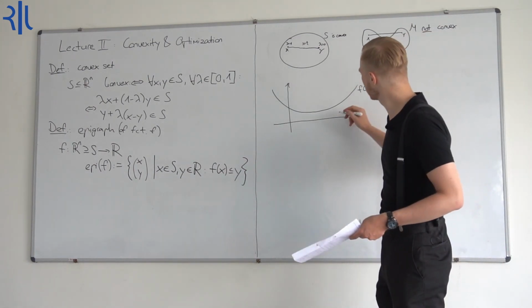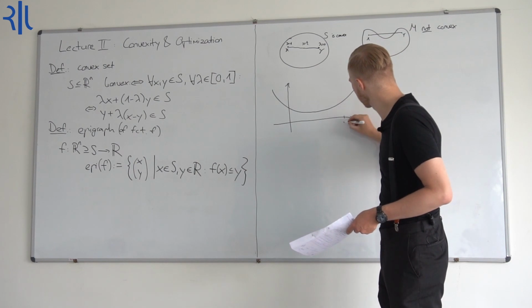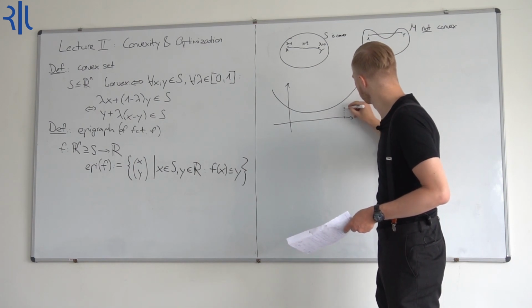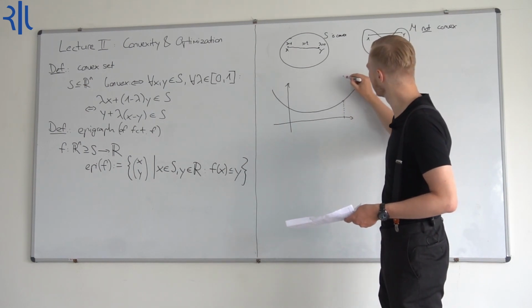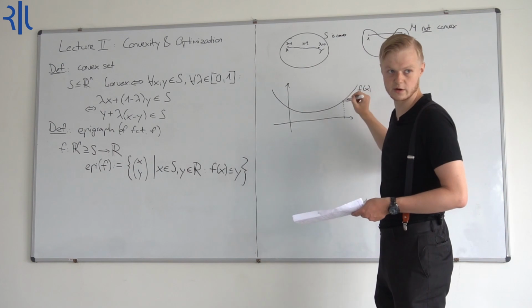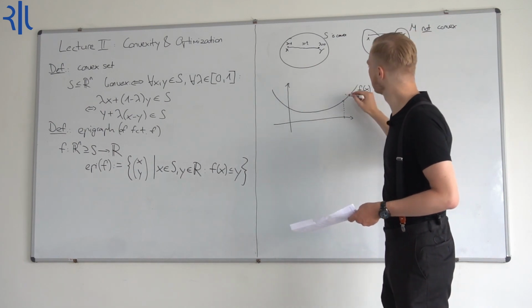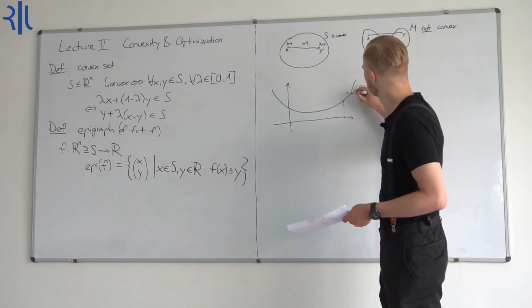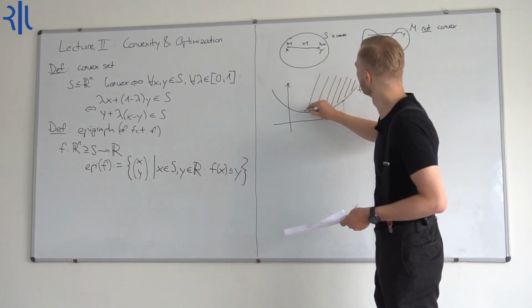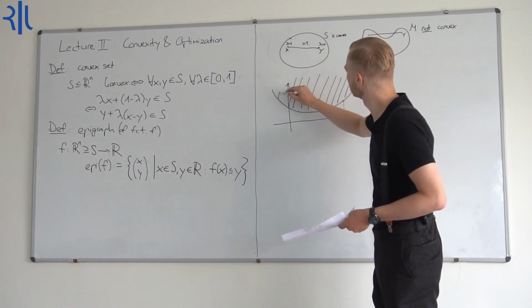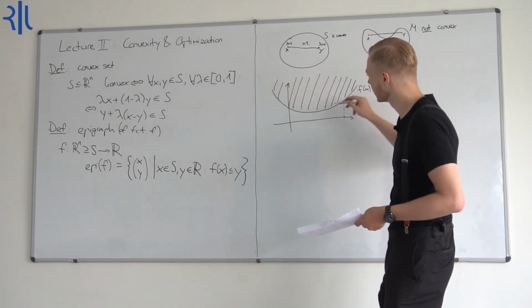So if we fix x here, then f of x would have this value, and we could pick all the y's that are even greater than the function value. So what is contained in the set is basically all of this, right? Yeah, this is the epigraph.